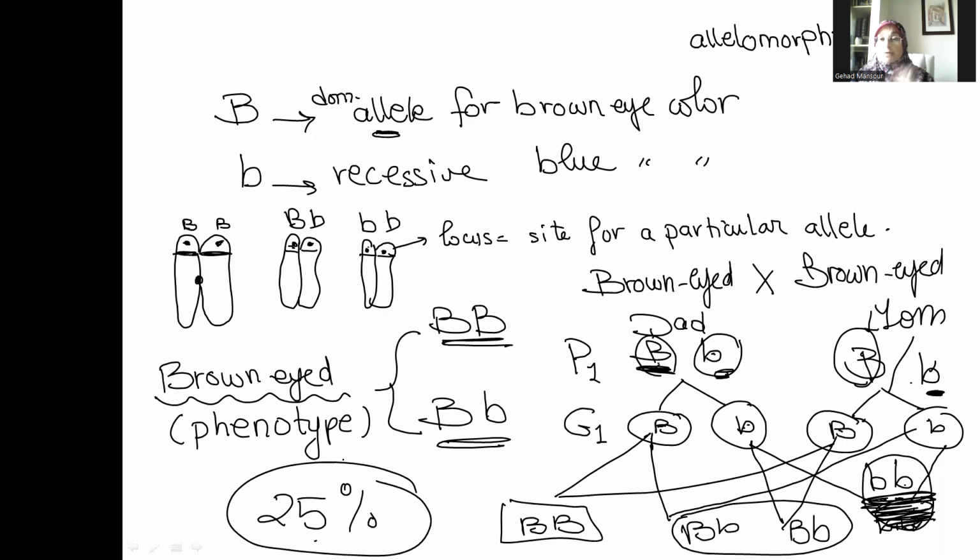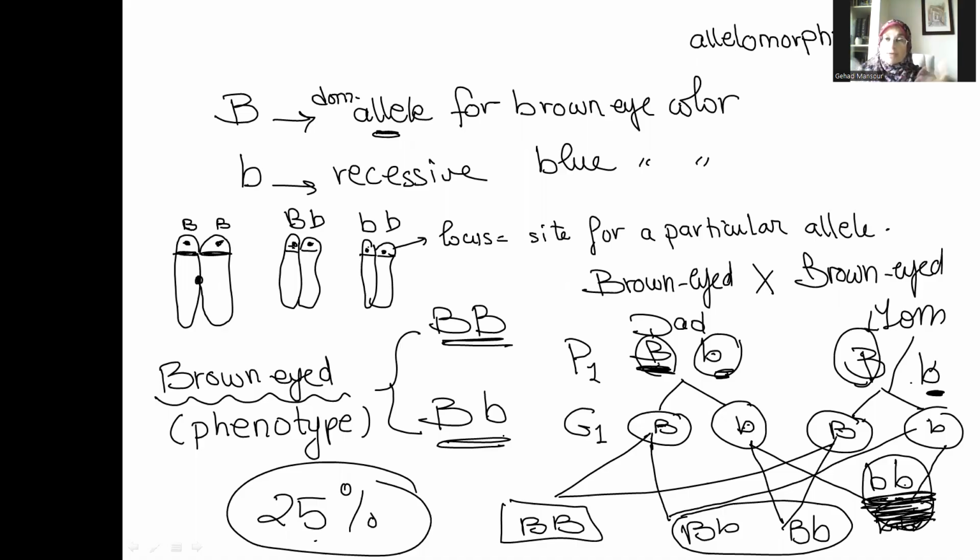But does this mean that if this dad and this mom have 4 children, they must have a child with blue eyes? No, not necessarily. They might have all 4 kids with brown eyes.